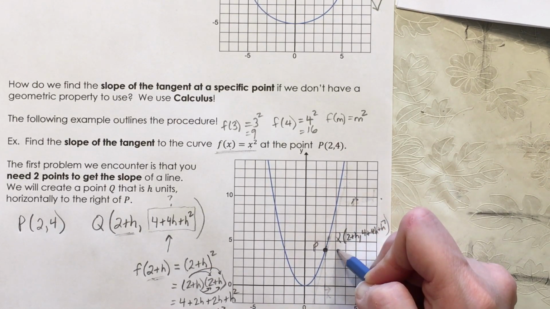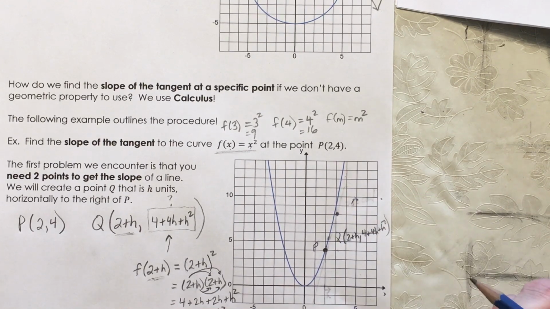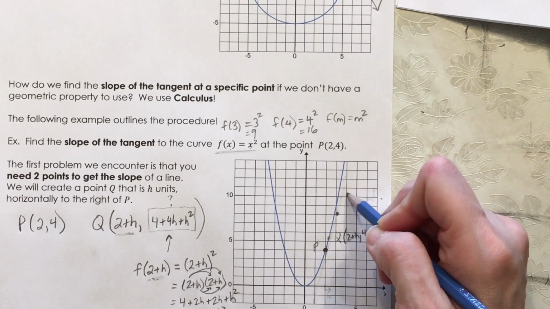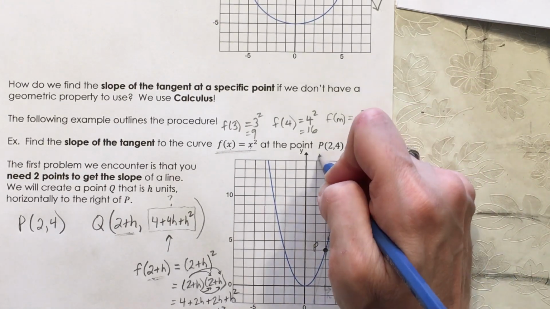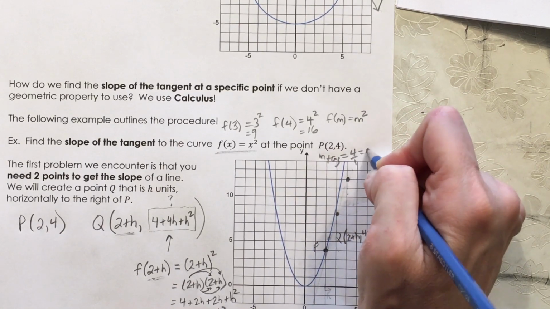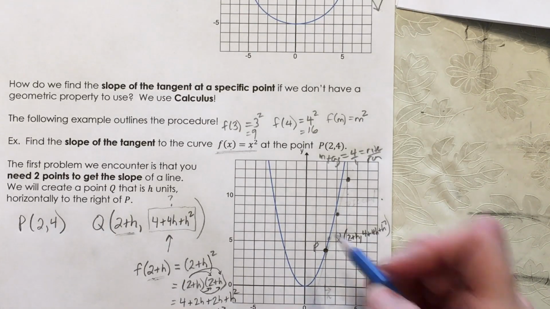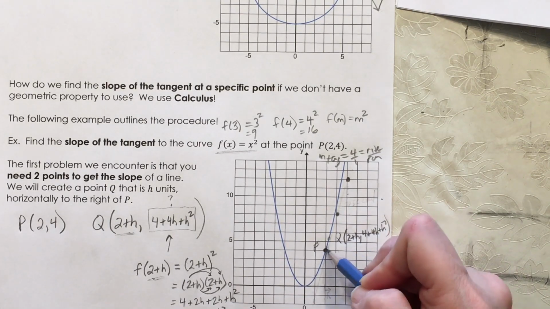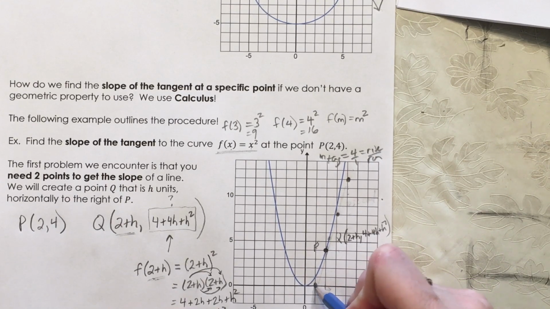So that means if we go over 1 and up 4 to get to another point on our tangent, and then over 1 and up 4 to get to another point on our tangent, because the slope of our tangent is 4 over 1, which is rise over run. And then backwards, we'd go left 1 and down 4.